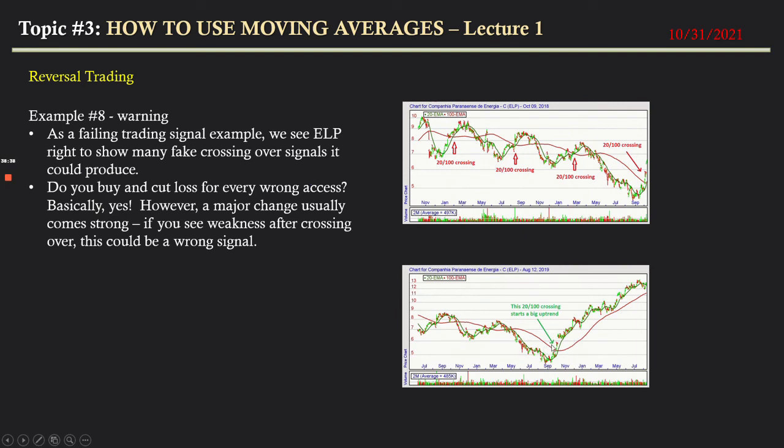So finally it goes up. Again, in another future topic we will show you how you avoid these kinds of situations and catch the right one on the big ups.